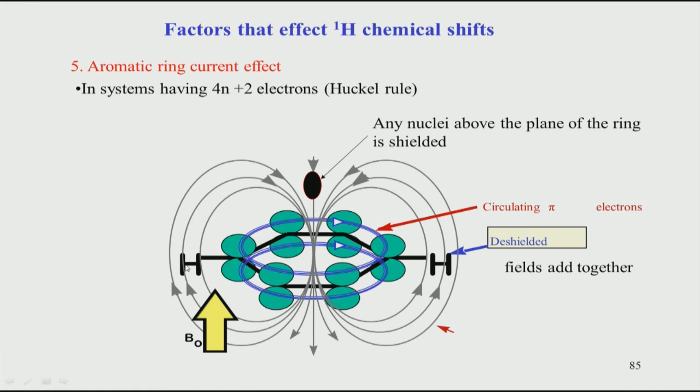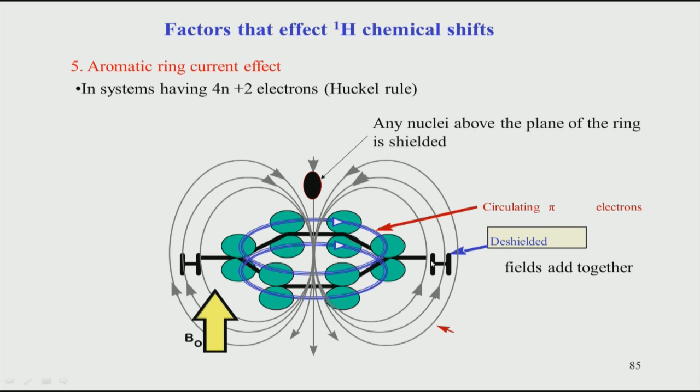In other words, it results in de-shielding of this hydrogen. Shielding means opposing the main magnetic field, de-shielding means supporting the main magnetic field. Here it supports the main magnetic field and therefore this hydrogen appears de-shielded.